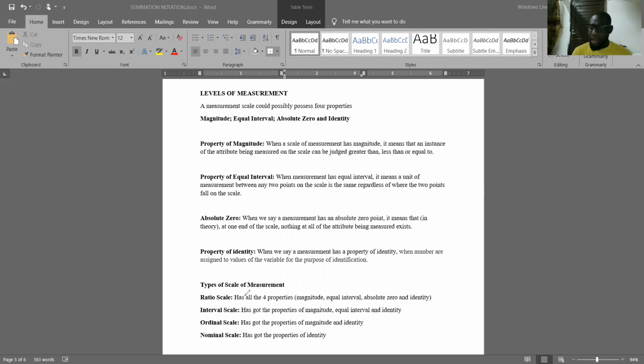So one thing you should know is that if it has all the four properties that we've mentioned, then it implies that with ratio, it basically has magnitude, equal interval, absolute 0, and identity.